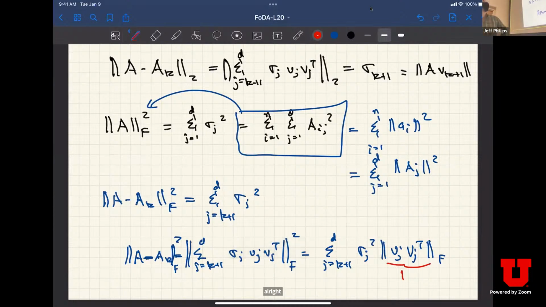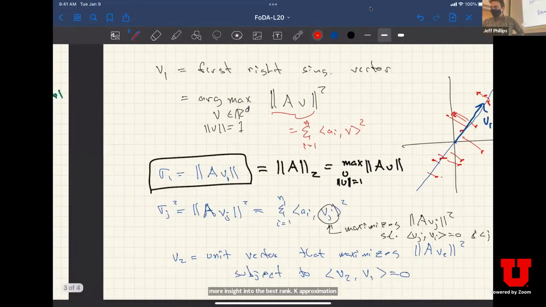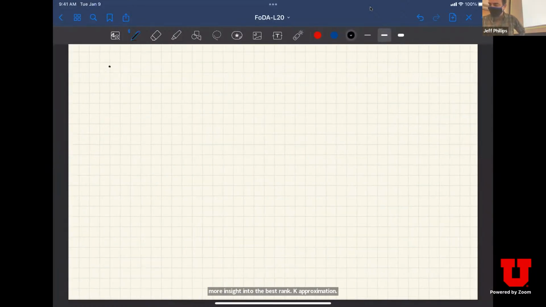This gives you a little bit more insight into the best rank k approximation. You can also get the best rank k A_k by using the SVD.